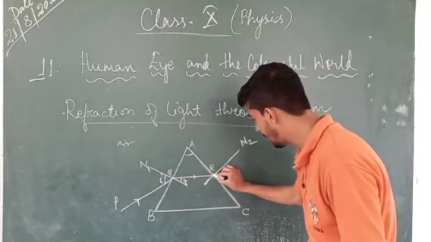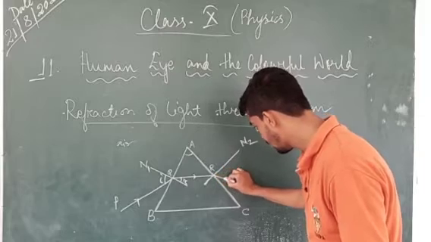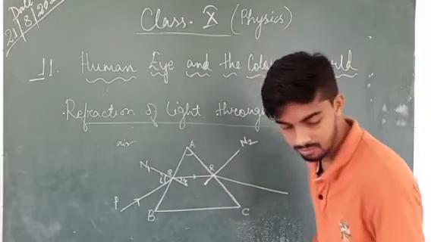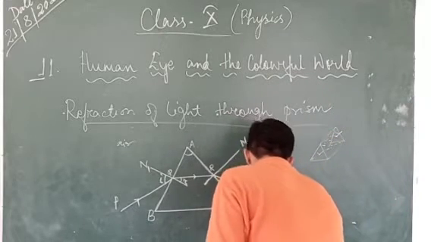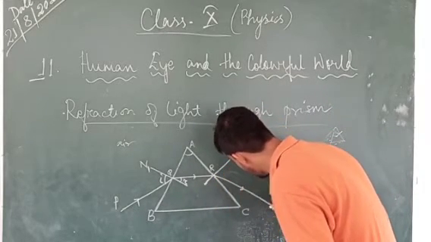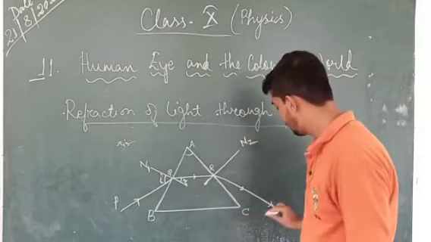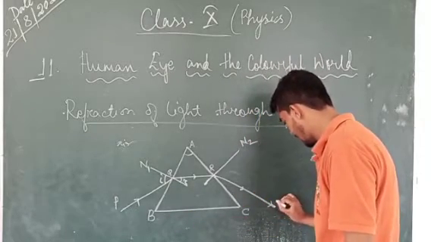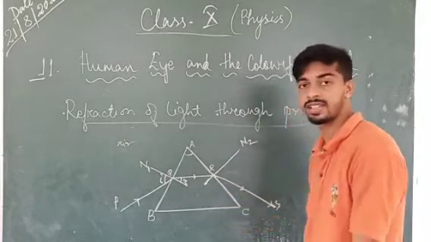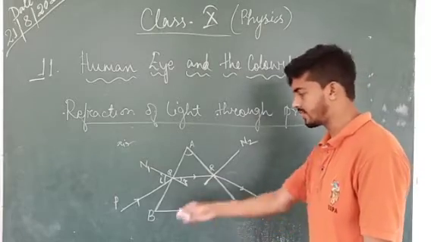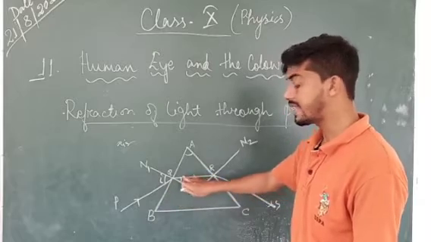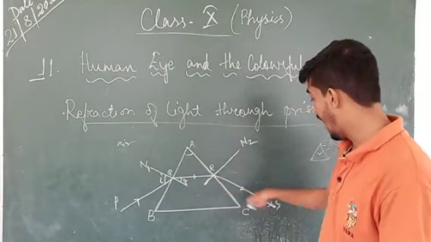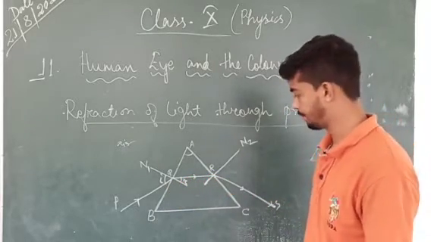So again the light will bend and refract, and will emerge out. So I am putting this as PQRS. PQ is the incident ray, QR is the refracted ray, RS is the emergent ray.